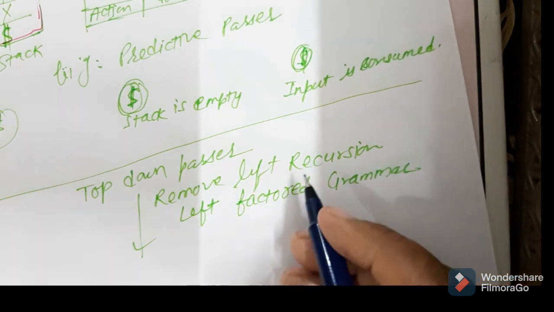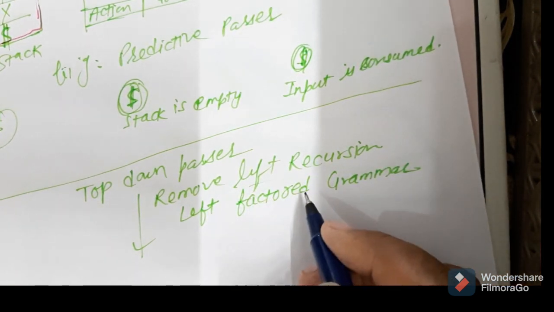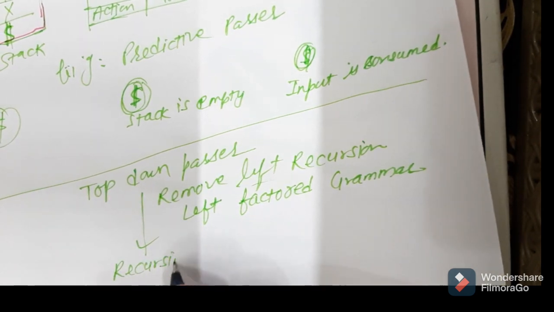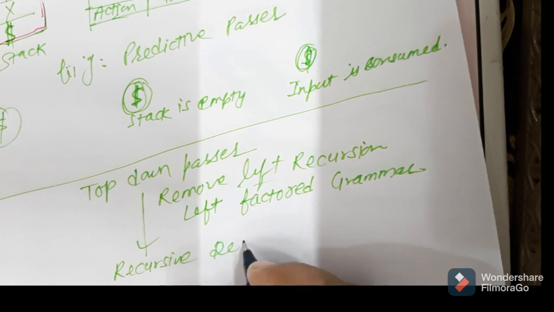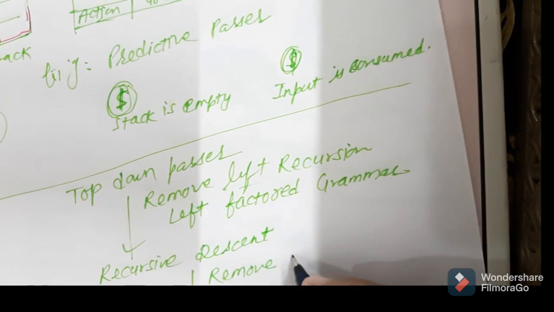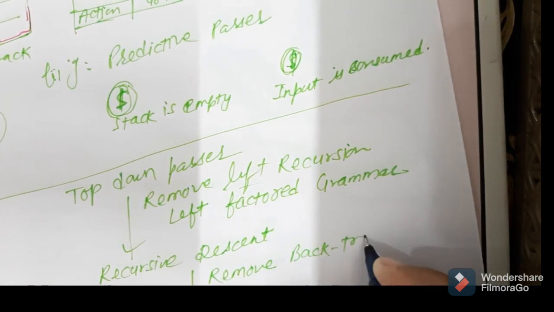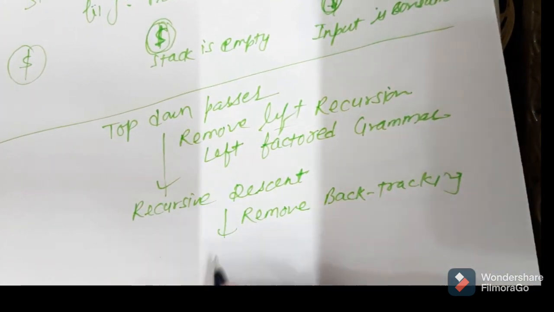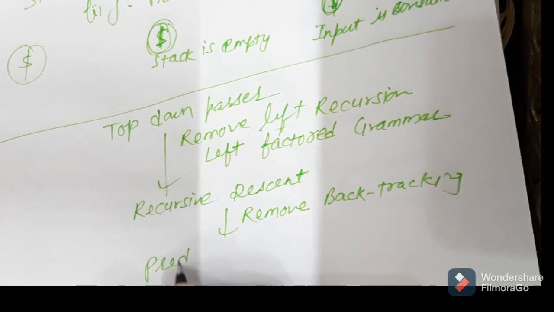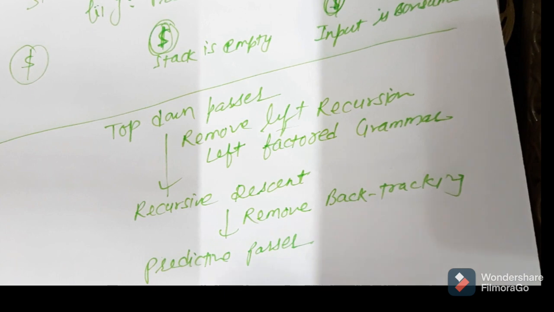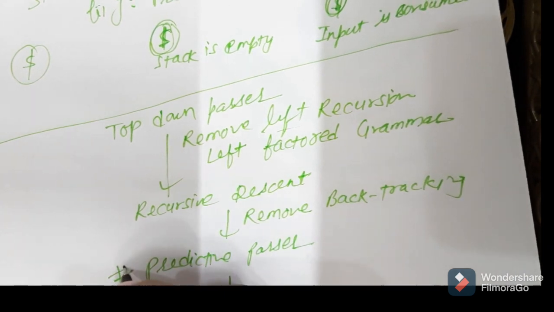This is for the top-down parser. And left factoring, after this when we remove these, we reach the recursive descent parser. After that, it is of two types, backtracking and non-backtracking. Then remove backtracking, which is not desirable. Then we reach towards predictive parser, which I discussed here.